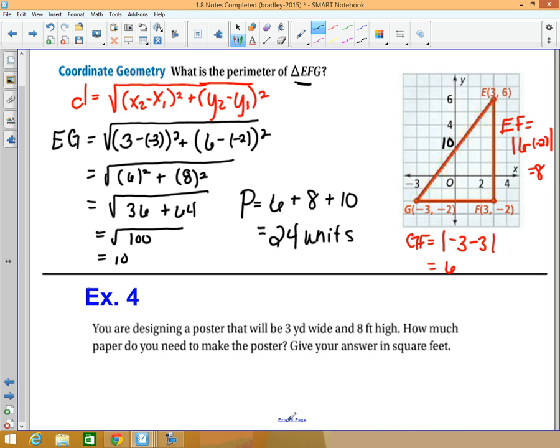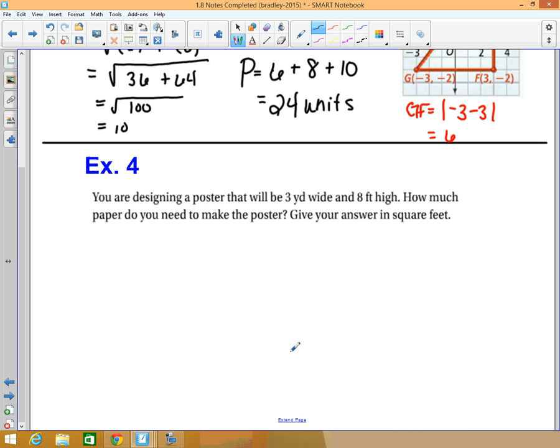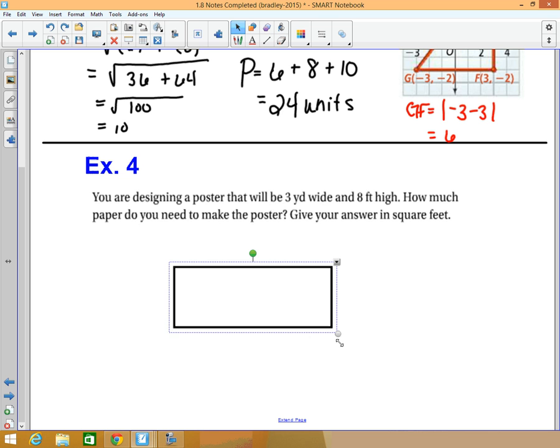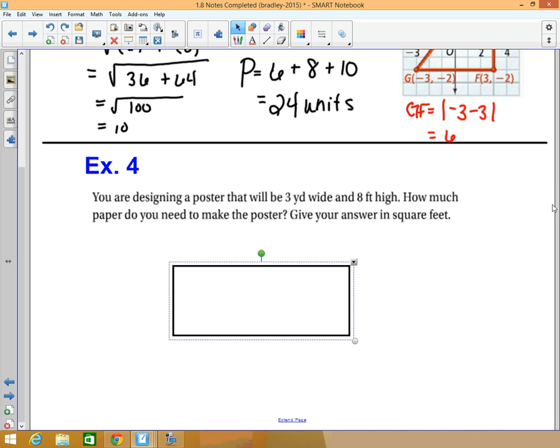Okay, so the next one is a poster, and we're going to design this poster 3 yards wide and 8 feet high. I'm going to make this poster, and I don't know exactly what the dimensions are because I have yards and feet, so I'm just going to have to guess here.